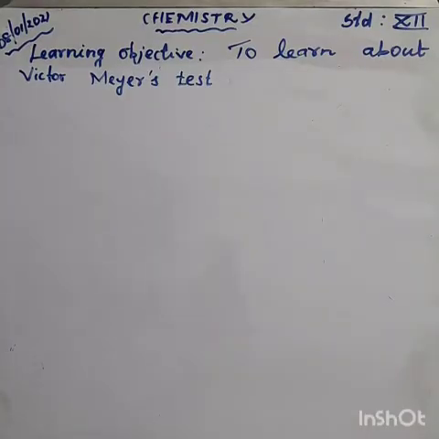First of all, we should learn about the Victor-Meyer test. The Victor-Meyer test is done on the primary alcohol, secondary alcohol and also the tertiary butyl alcohol. For the primary alcohol, the last reaction gives a red color.